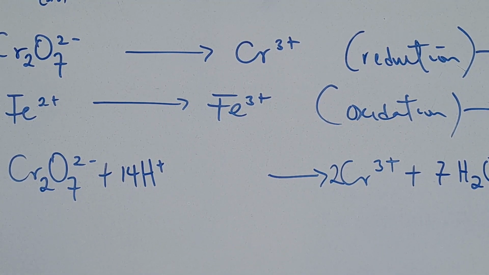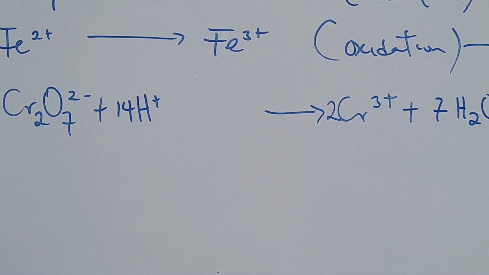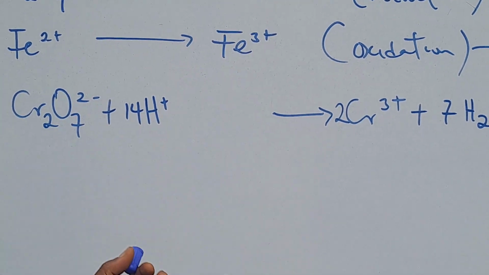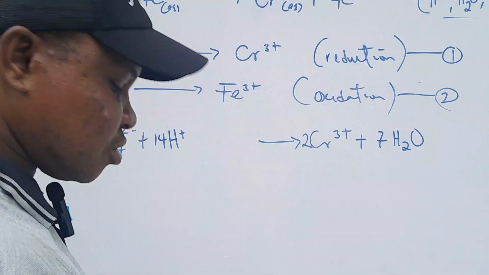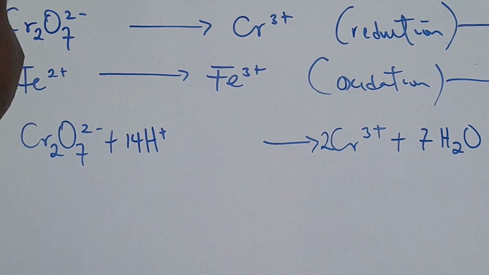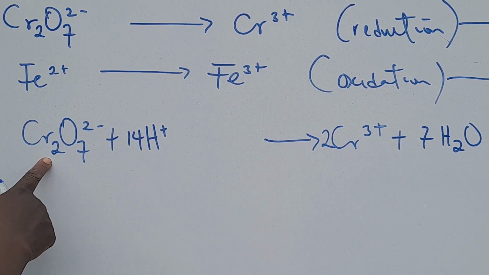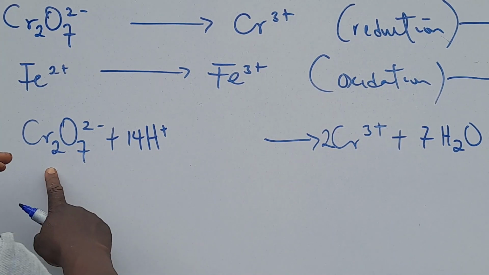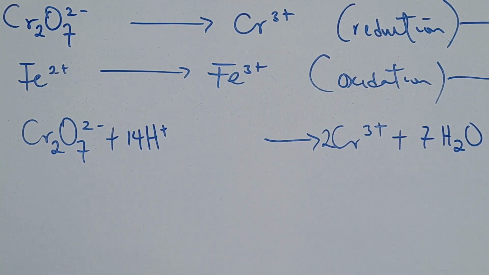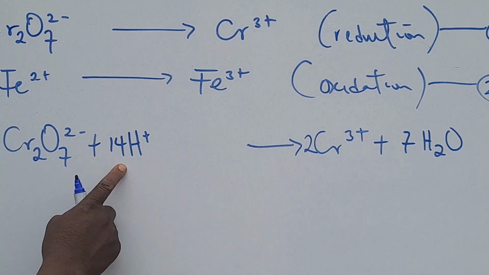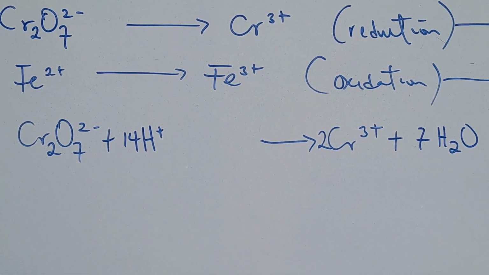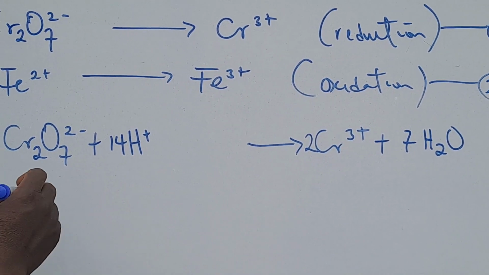So let's check again. Always confirm your work. It's a balancing of chemical equation to make sure that what is happening at the left-hand side of the equation is equal to what's happening at the right-hand side. So: 2 chromium, 2 chromium, 7 oxygen, 7 oxygen, 14 hydrogen, 14 hydrogen. Okay, let's check the ions.